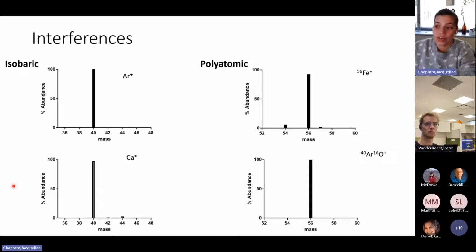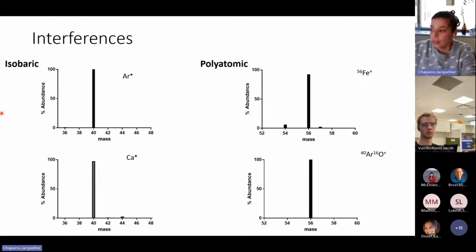But the issue there is that because we have argon plasma flowing, and this will be at high concentration in our instrument, this argon at 40 also causes interferences with calcium. So it'd be really difficult to measure the concentration of calcium when there's so much argon in the environment.